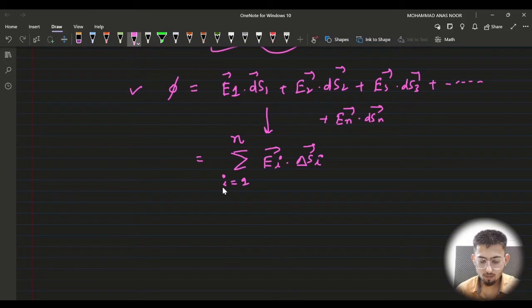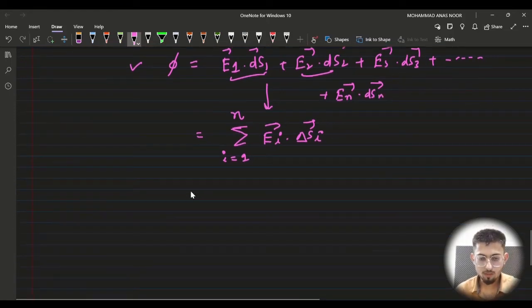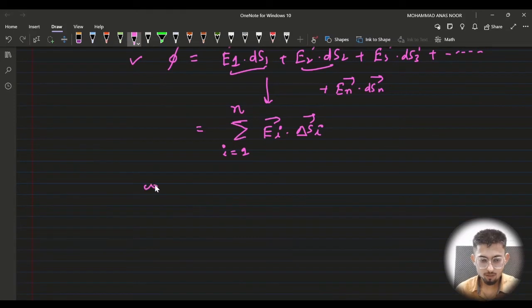Each one of these gives you one term, right? You put i equal to 1, you get the first term, i equal to 2, the second term, i equal to 3, the third term. And this summation means you have to add all of those terms. Now, we have to make it practically implementable, because n is not finite.